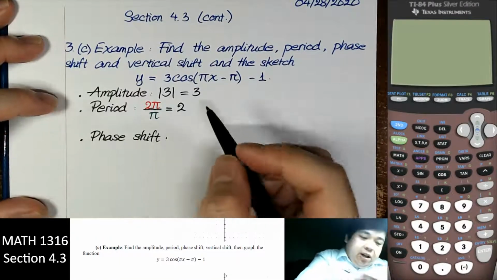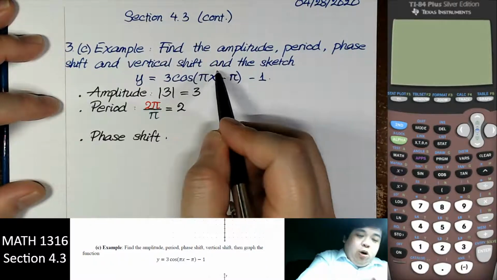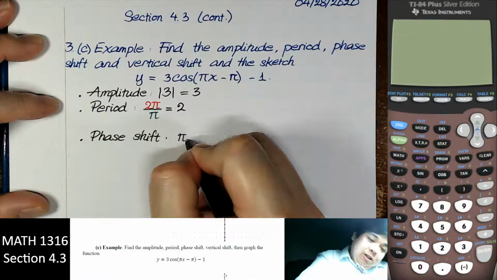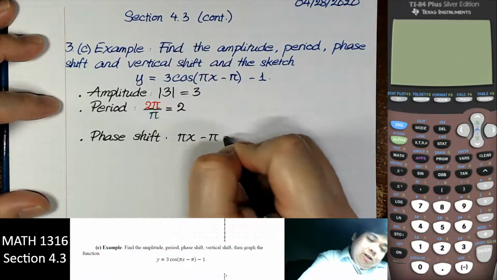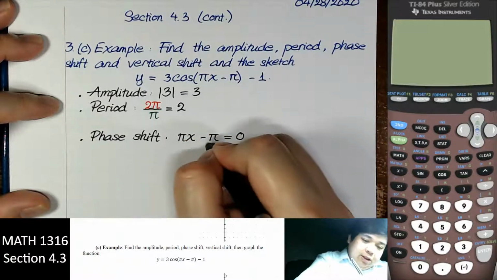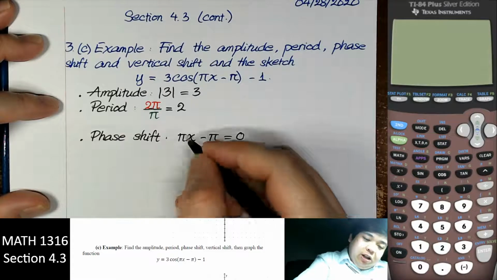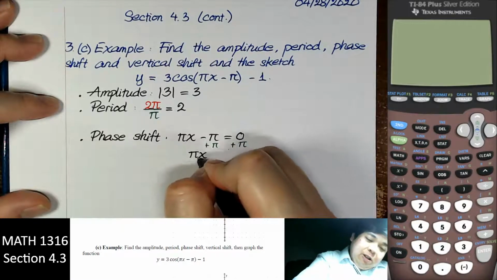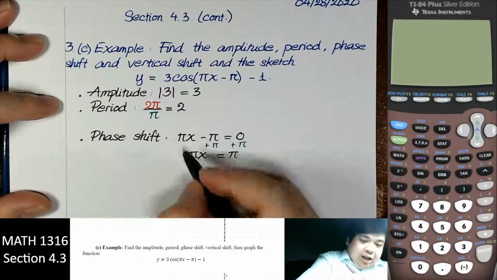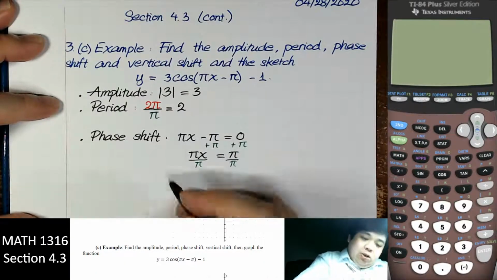Phase shift. Phase shift is where we let the argument or the angle of the trigonometric function equal to 0. I'm going to add pi on both sides. Pi x equal to pi. And then divide by pi. So x is equal to 1.